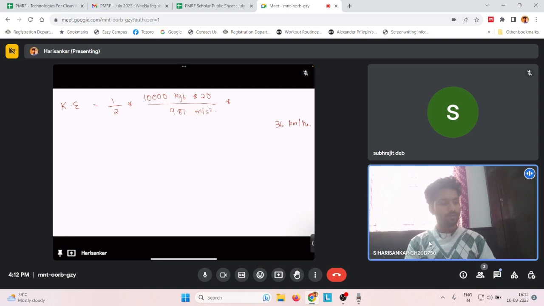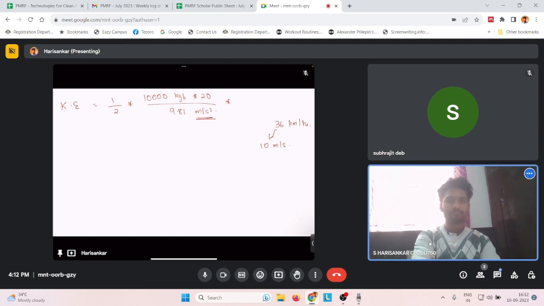If we look at the other units, this is in meter per second. So we also want this 36 kilometer per hour to be converted into meter per second. If we convert it, it will be 10 meter per second.